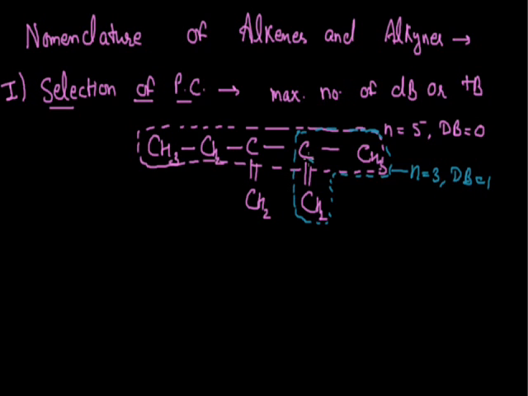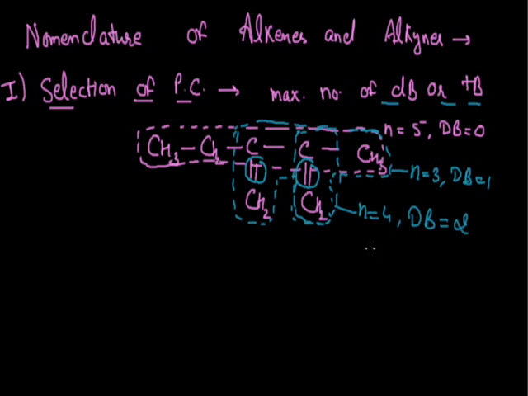Since this organic compound contains two double bonds, for the selection of the parent chain we will try to choose the chain which contains the maximum number of double bonds. For this, we have one option: if we select the parent chain in this way, this chain will contain a total of 4 carbon atoms and the number of double bonds in the parent chain will be 2.